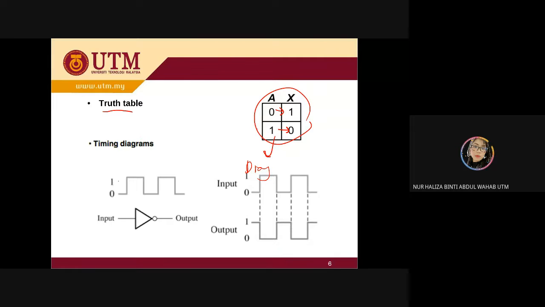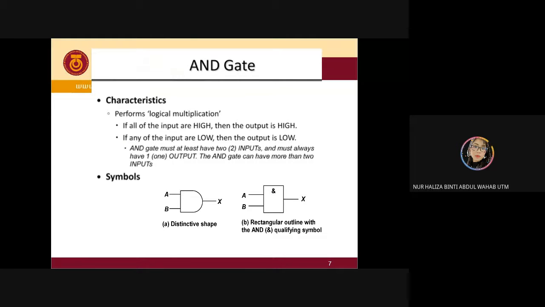So this is our timing diagram. If you have the input as 1, your output will toggle, will be 0. If your input is 0, it will toggle, your output will be 1. 1 will be a 0. And it depends on your signal. I hope there is no question on the NOT gate.